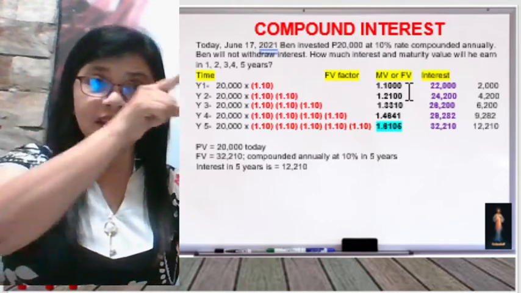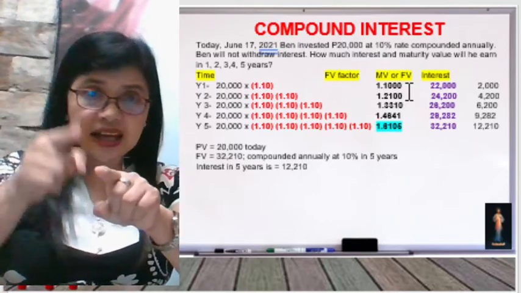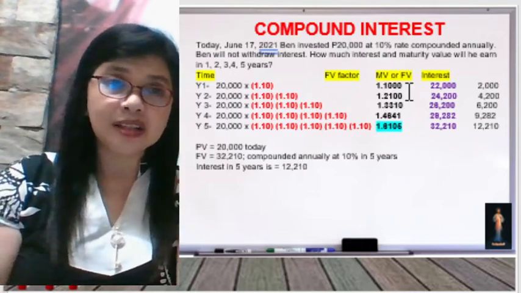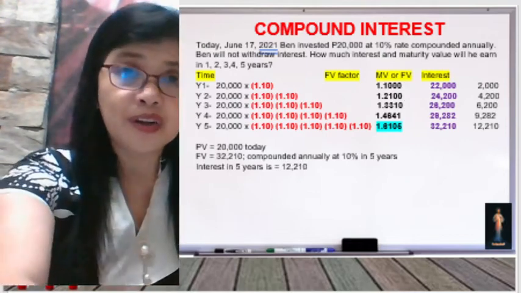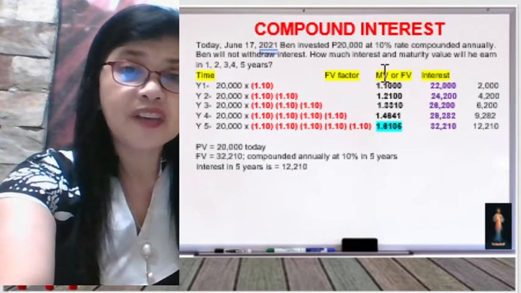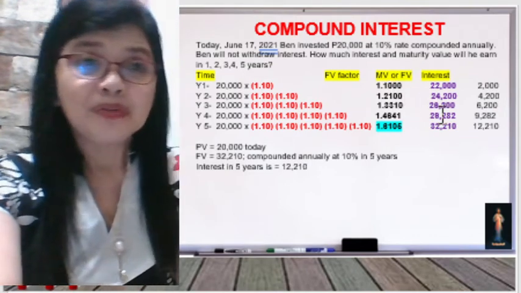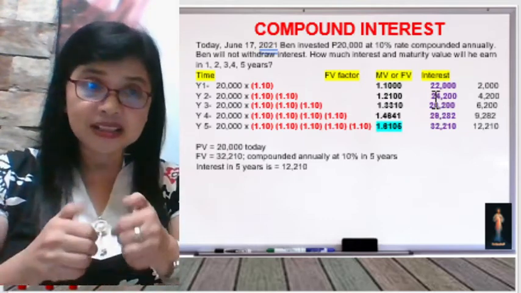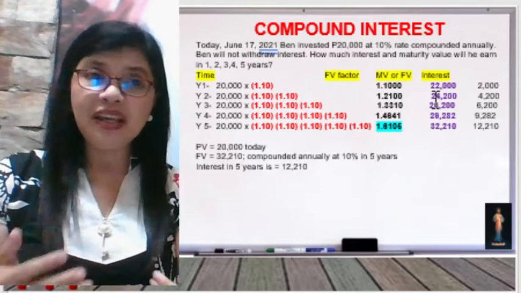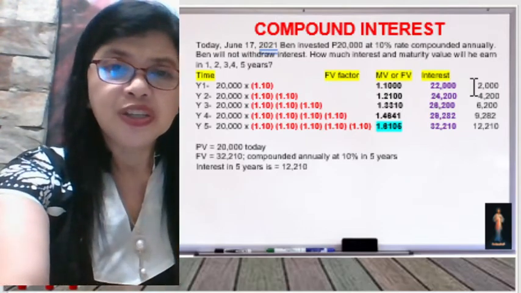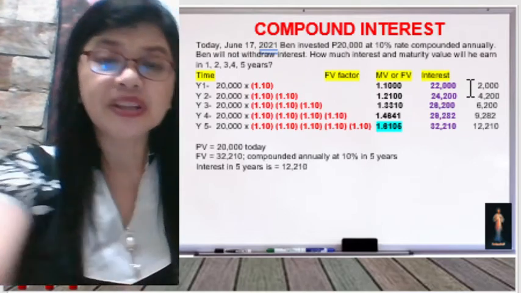You just locate the interest and the time, and there you get the future value factor, 1.1, 1.21. You can find it also in the future value table or in the calculator. I will teach you in the Google class how to do it or maybe in another YouTube presentation. So today you will be looking at the maturity value.